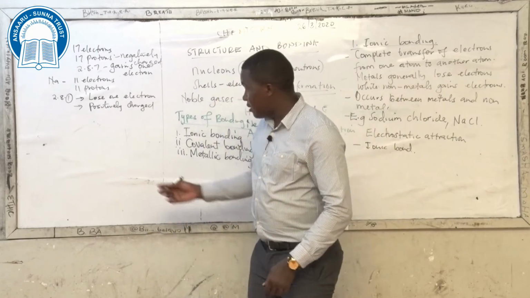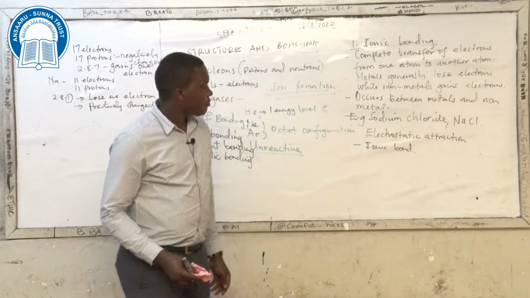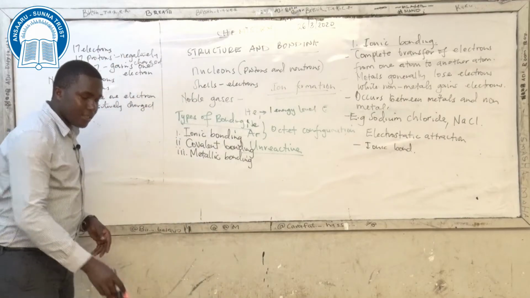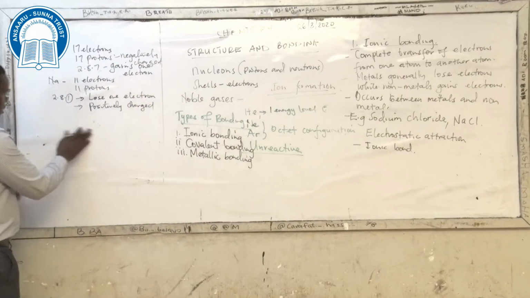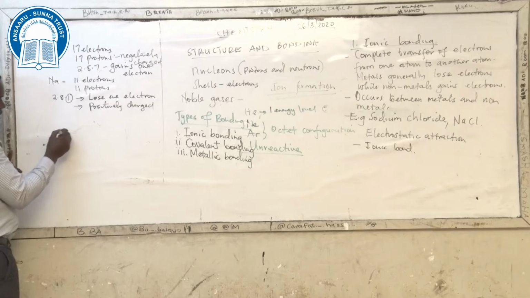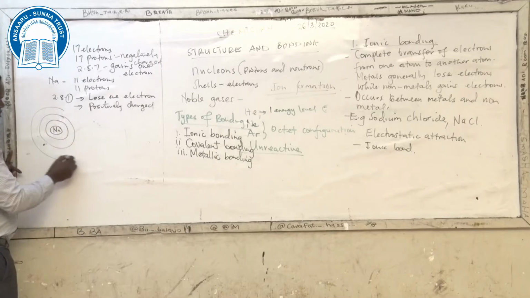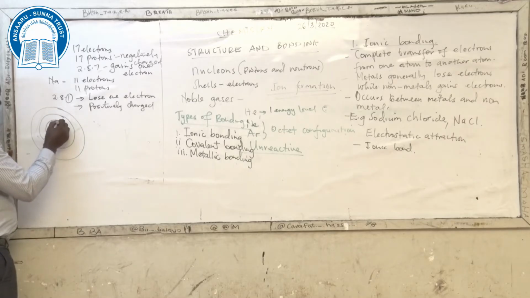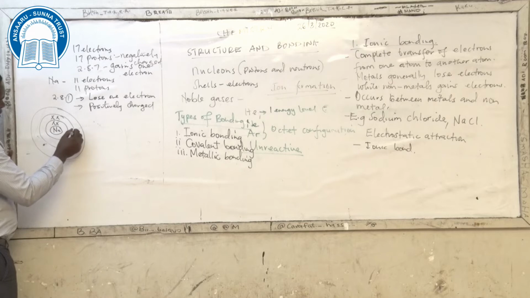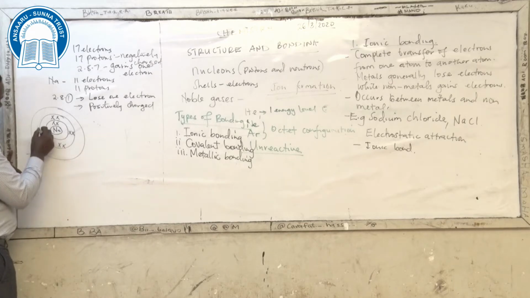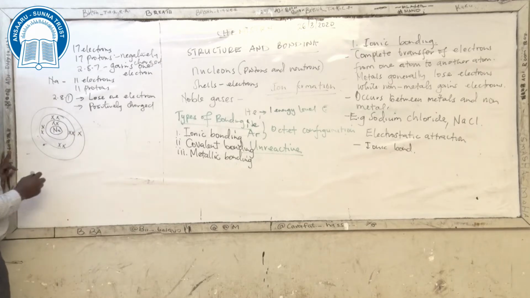So if you are asked to draw the structure of sodium chloride, you will start with drawing the sodium atom. So you have 2 electrons there, you have 8. Then you have the last one, which is being lost. So this one is 2, 8, 1.